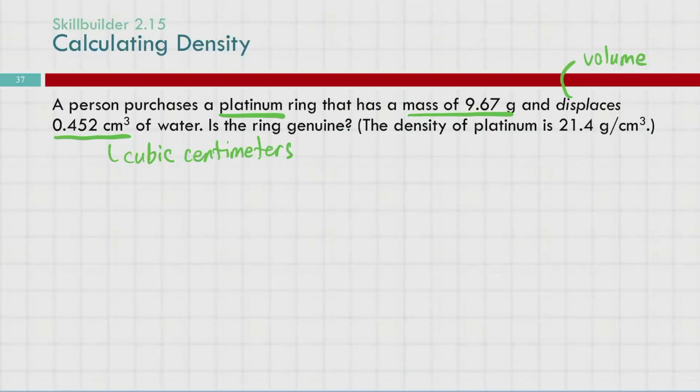Is the ring genuine? The known, established density of platinum is 21.4 grams per cubic centimeter. Any ideas where to start?